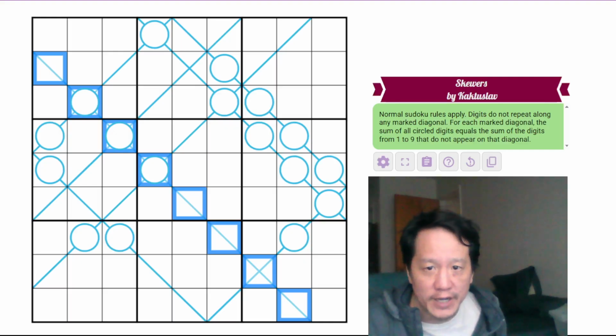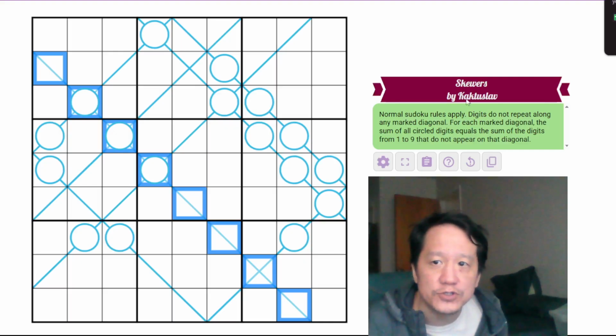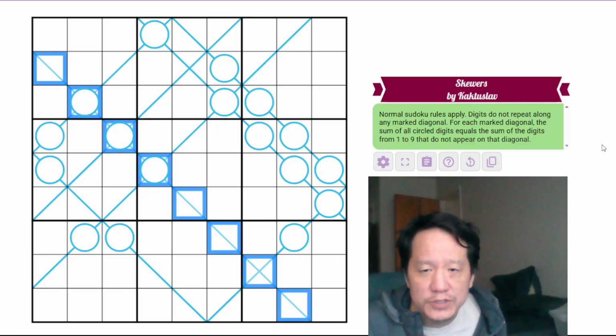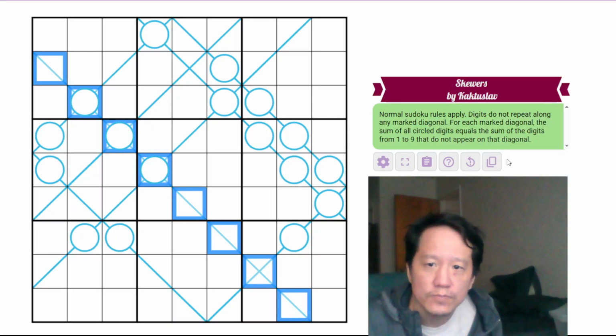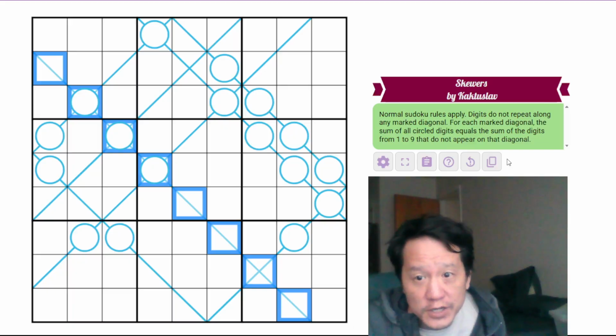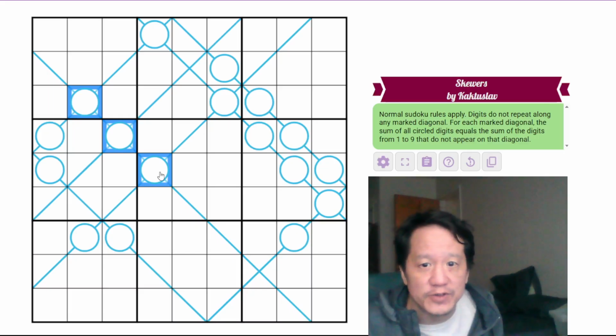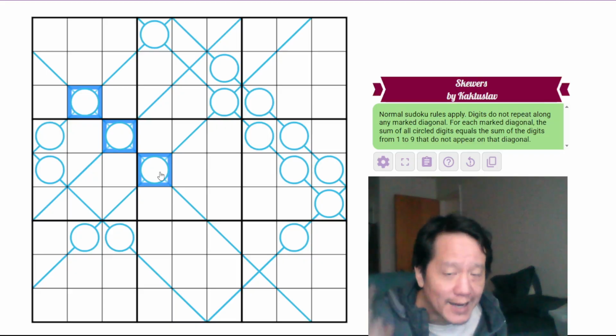For each marked diagonal, the sum of all circled cells equals the sum of the digits from 1 to 9 that do not appear on that diagonal.